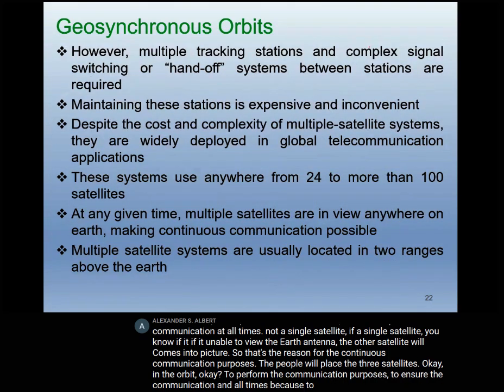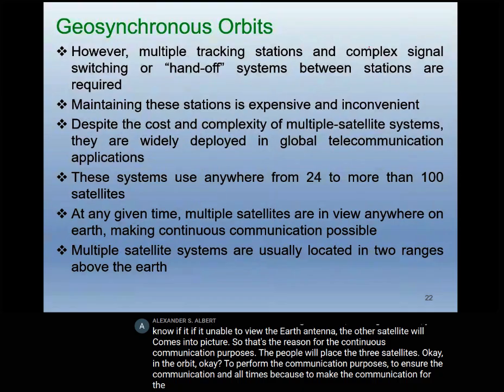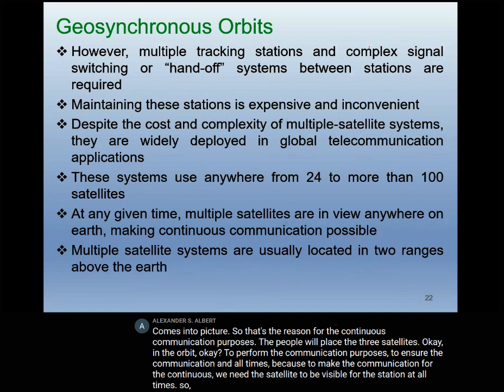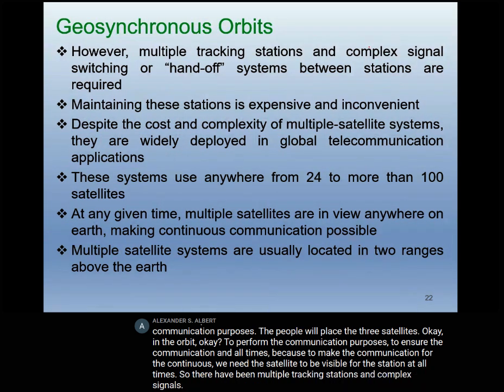Because to make the communication continuous, we need the satellite to be visible to the Earth station at all times. So multiple tracking stations and complex signal switching or hand-off systems between the stations are required.